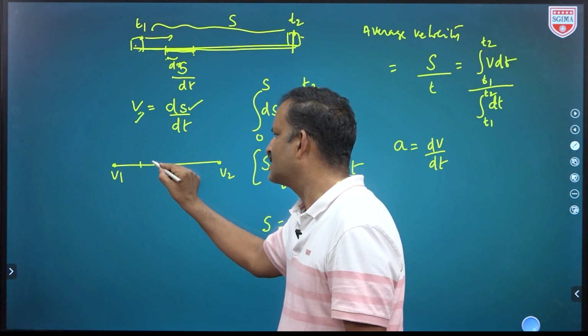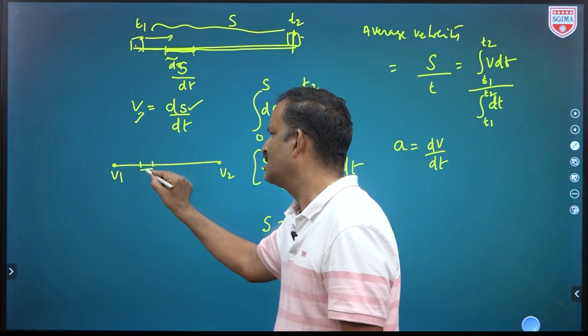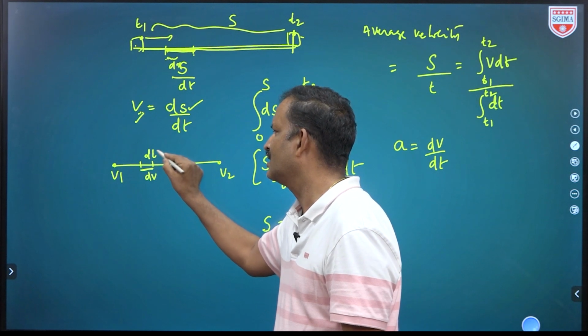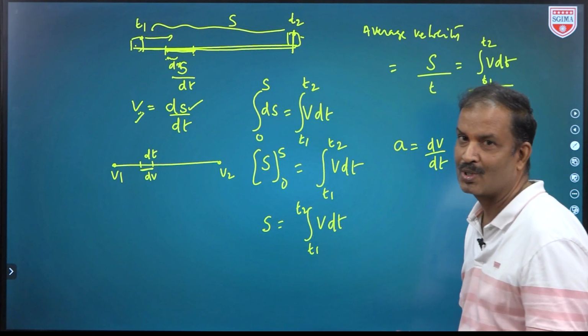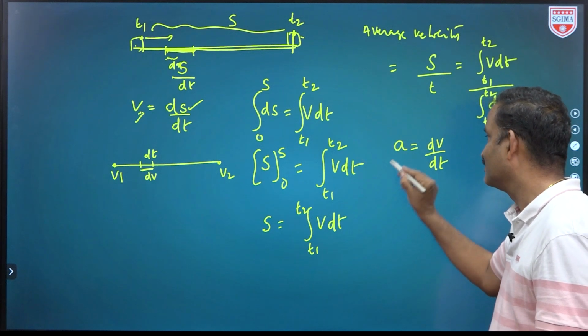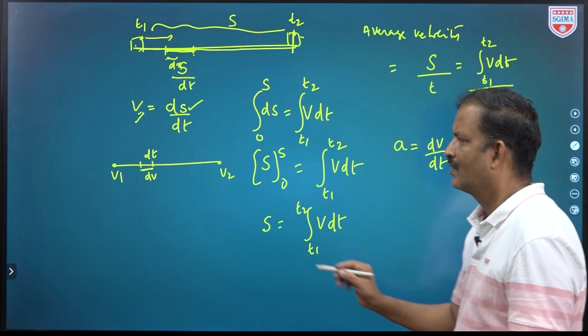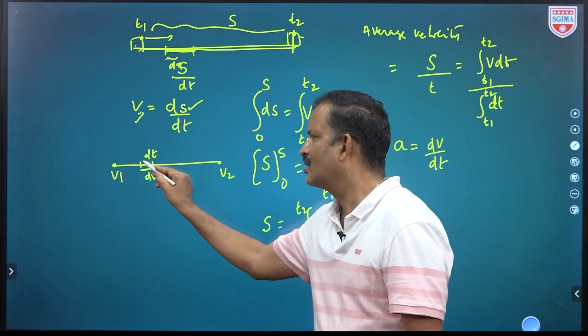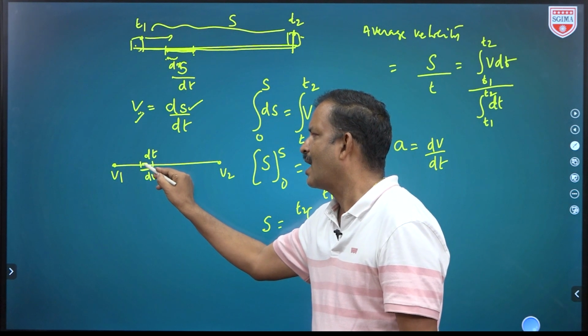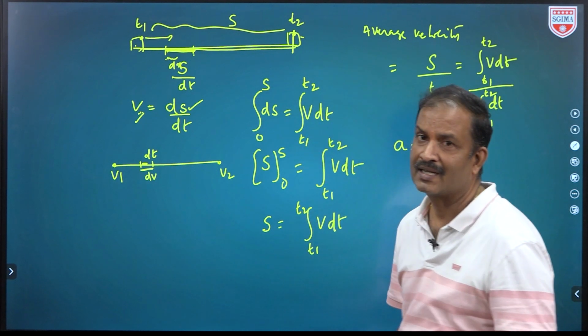Now at this instant, the change in velocity is dv in a small time interval dt, then acceleration at that time is dv by dt. dt is very, very small. If the time interval is very, very small, you will get the accurate value of acceleration at that instant.